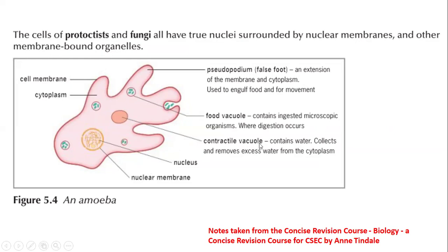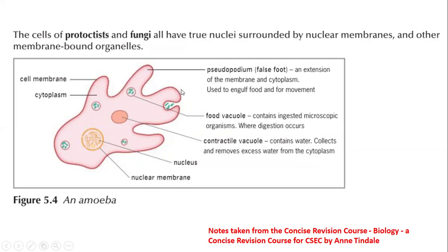Then we have the contractile vacuole, we see here, and just note that amoeba has 2 vacuoles. It has the contractile vacuole that contains water, and it has a food vacuole that contains undigested food organism. So this is where digestion occurs. And most importantly, guys, this outer region is called the pseudopodium, or the pseudopoda, right?